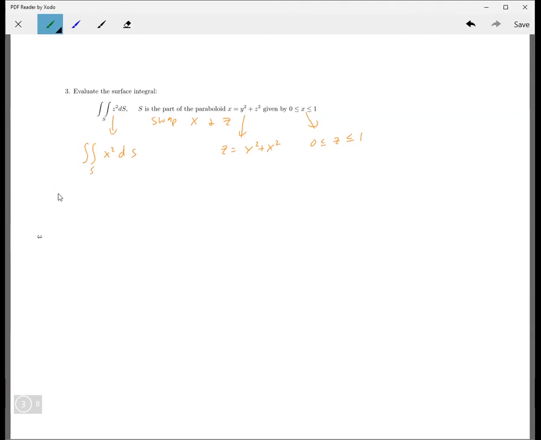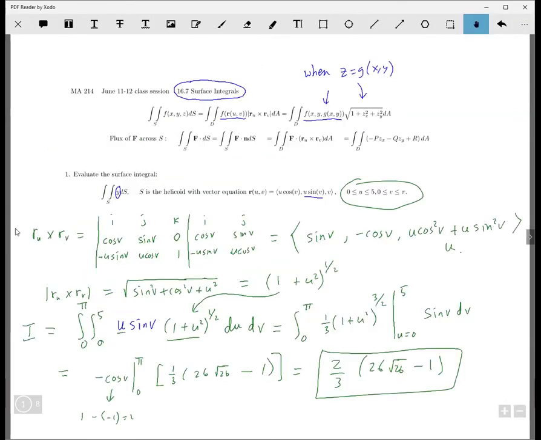Okay. Another thing you could do is just keep the x's, and then as you go along, try to modify the formula. So instead of f of x, y, g of x, y, it would be g of y, z, comma y, comma z.